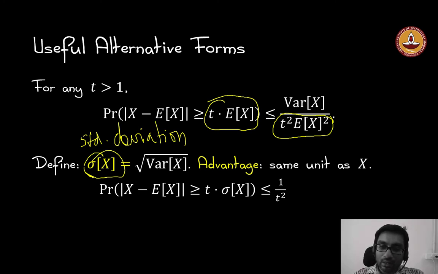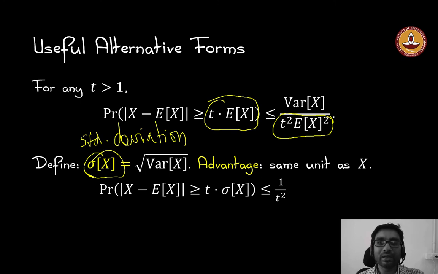The nice thing about the standard deviation is it's in the same units as that of the random variable X. Suppose X measures distance in meters. Variance is E[X squared] minus E[X] the whole squared, so the unit is going to be meters squared. Whereas the standard deviation takes a square root of the variance and therefore brings it back to meters. So that's one of the nice features about the standard deviation, and so it's quite commonly used in practice.